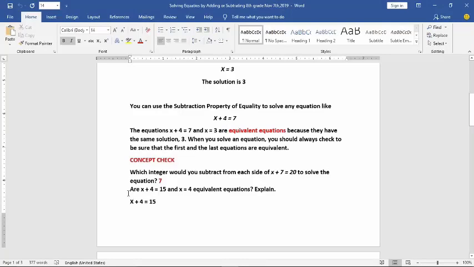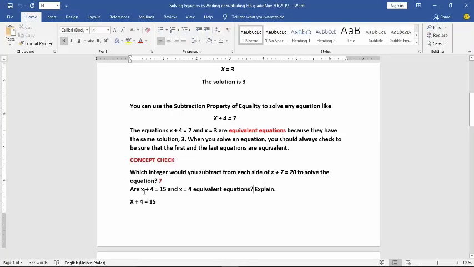Another question. Are x plus 4 equals 15 and x equals 4 equivalent equations? Let me repeat my question.